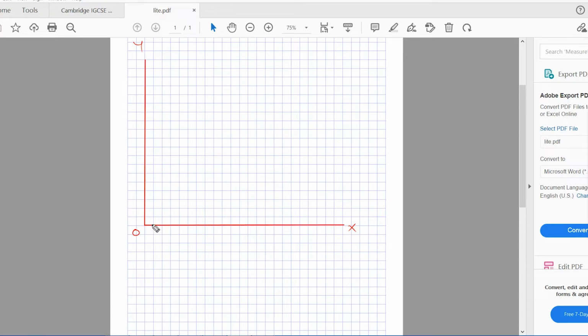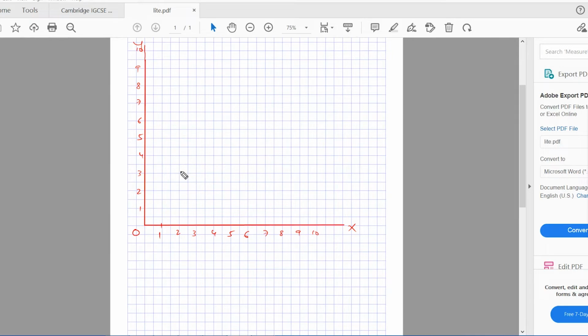The vertical line will be your y-axis. So let's start with our work. 1, 2, 3, 4, 5, 6, 7, 8, 9, and 10, respectively. This has to go better, but that's all right.